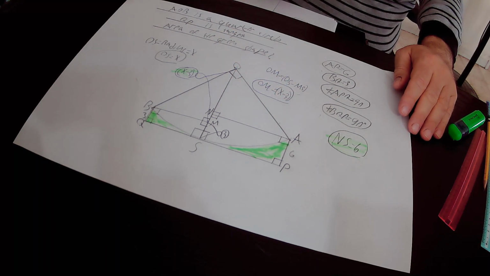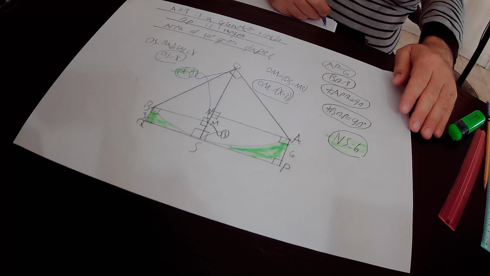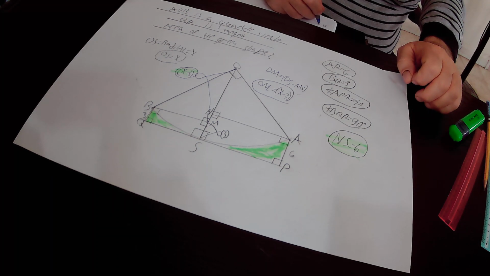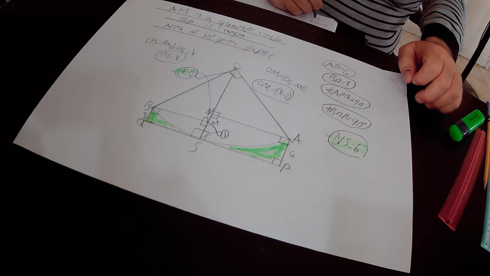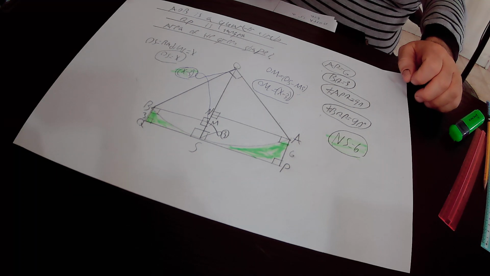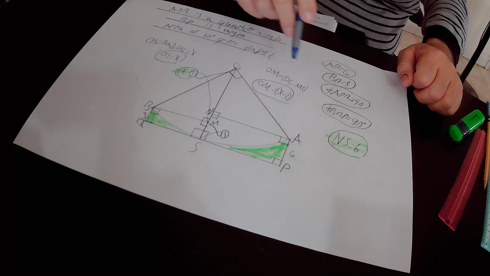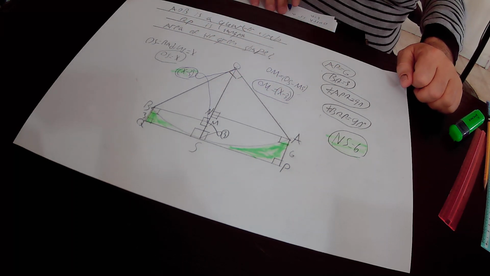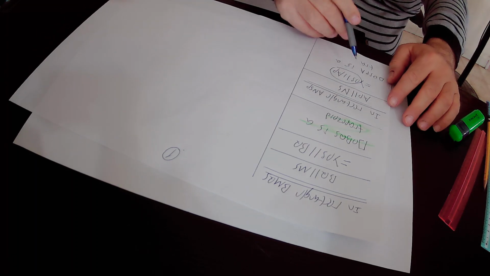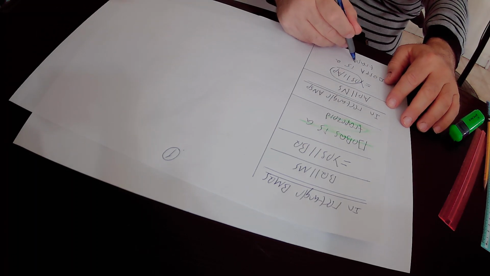So I write it down: quadrilateral OSPA is a trapezoid because it has one pair of parallel sides. Side OS is parallel to side AP in quadrilateral OSPA. Therefore, quadrilateral OSPA is a trapezoid.